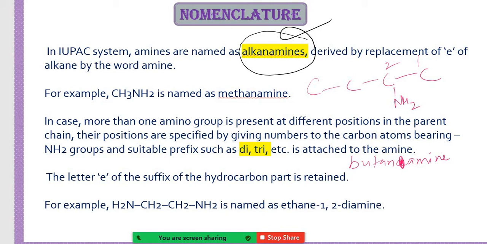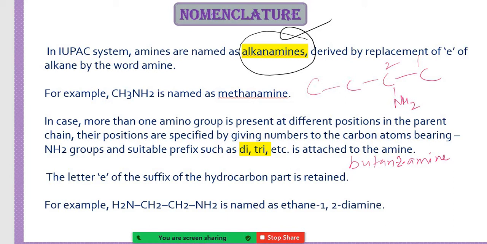So we just remove the e of alkane. So it is butanamine. Since this amine is at position 2, we write it as butan-2-amine. And if more than 1 NH2 are there, then we write di, tri, tetra, and this way it goes on.